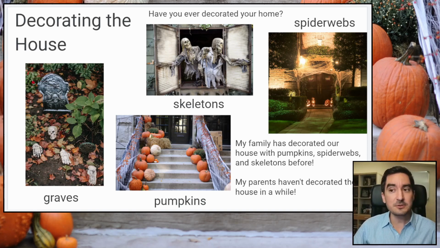So decorating the house for Halloween, there are many things you can do, but some of the standard, pretty popular things. One is a grave. A grave is a place where you put a dead body. So you can see this thing, that's called a tombstone or a gravestone.